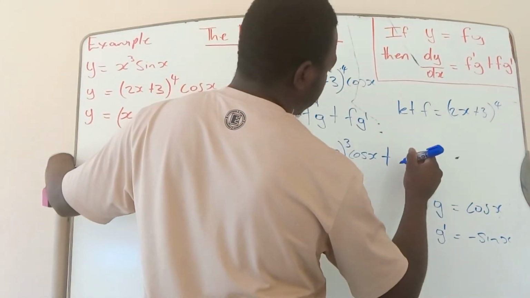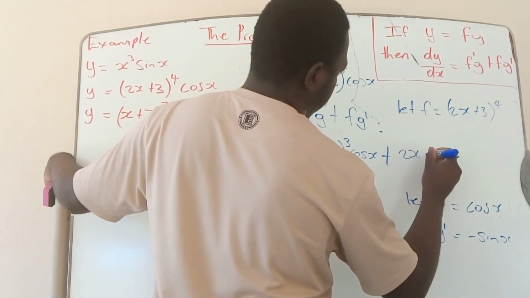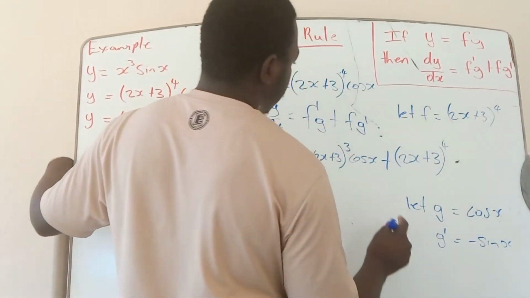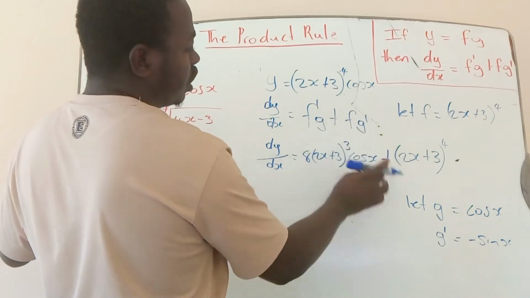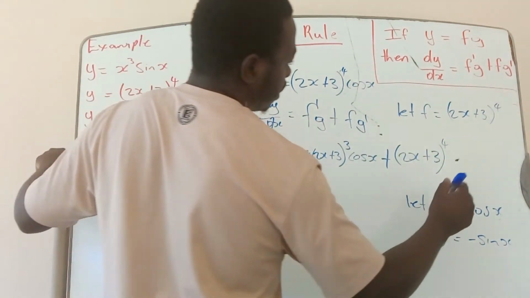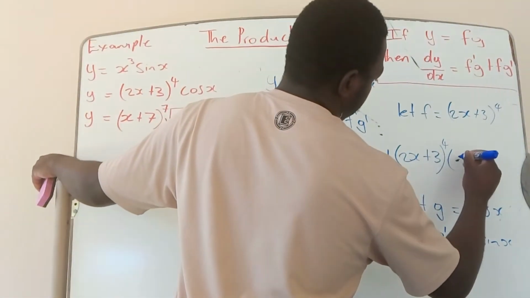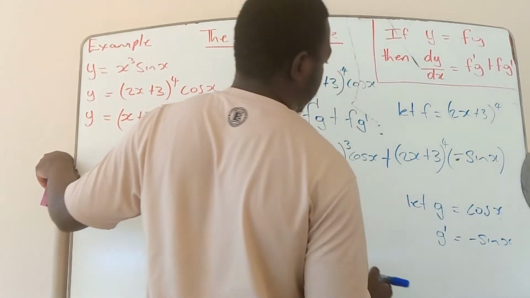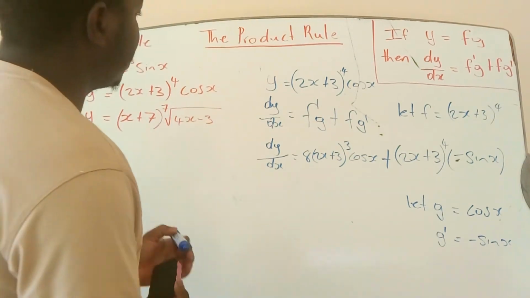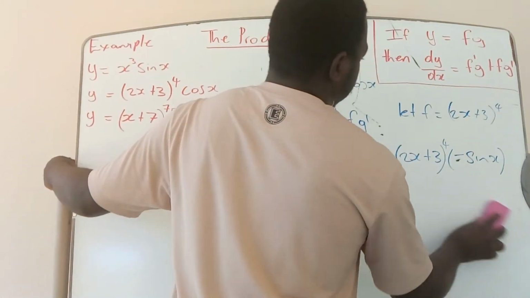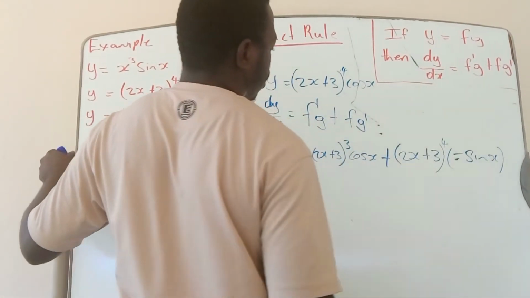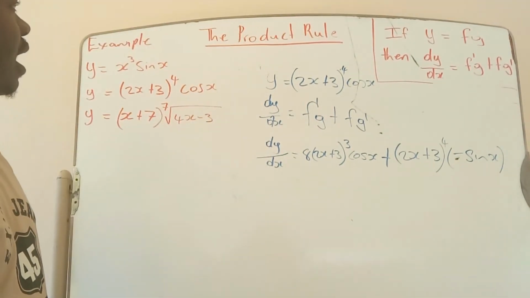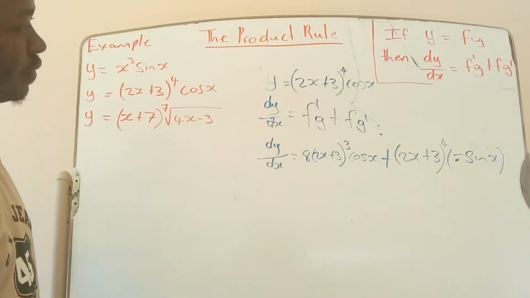The f function here is (2x + 3) all raised to the fourth power, times the derivative of the g function, and the derivative of the g function is minus sin x, right? And that's it. So that's how you would use the product rule to differentiate a function, right?